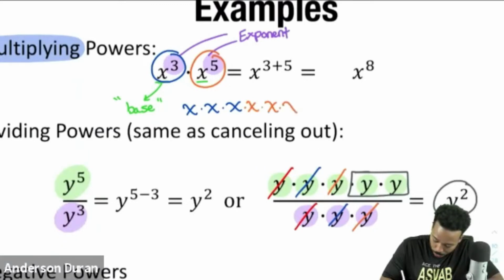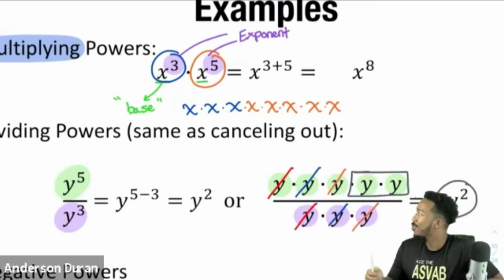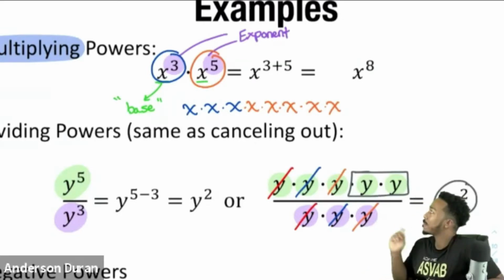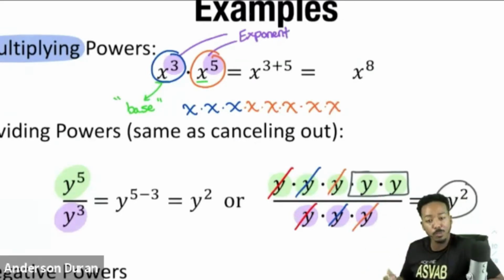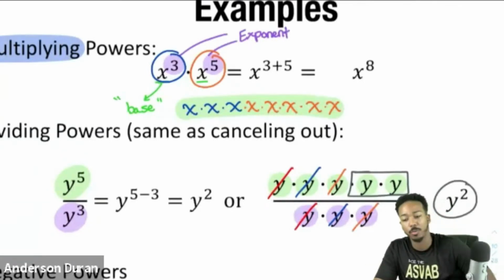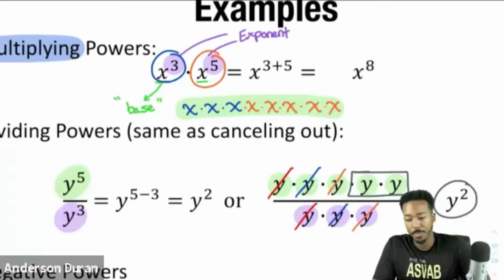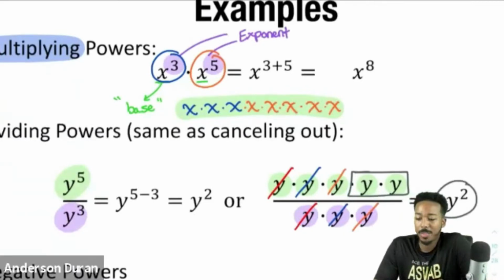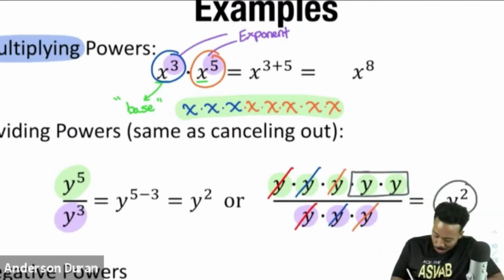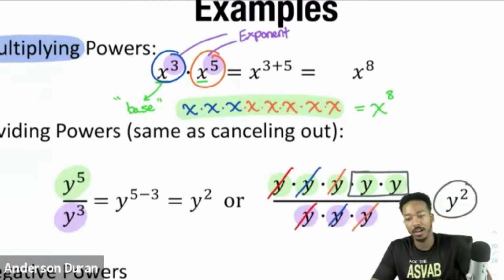So if you look at that, you have 3 over here and 5 over there, and they're all being multiplied. Everybody, how many x's are being multiplied right there in total? That's right, 8 of them. There are 8 of them being multiplied, and that's why it turns into x to the power of 8.